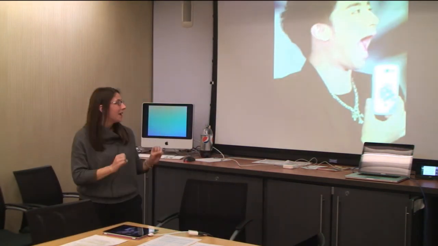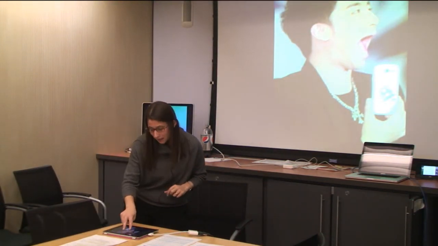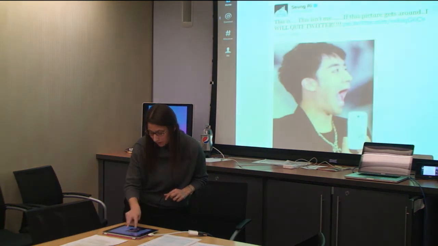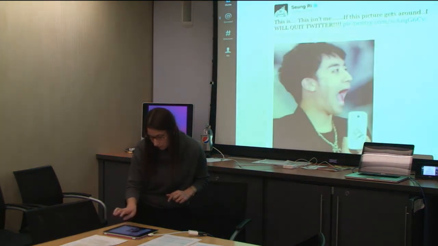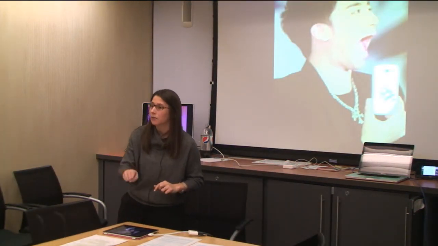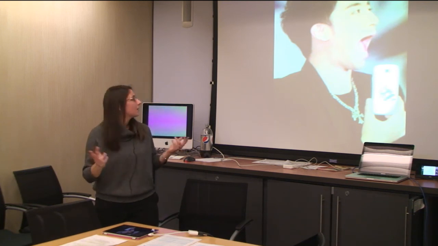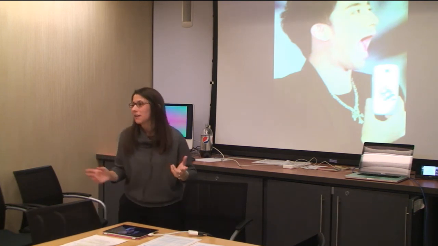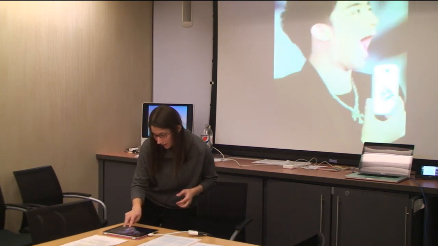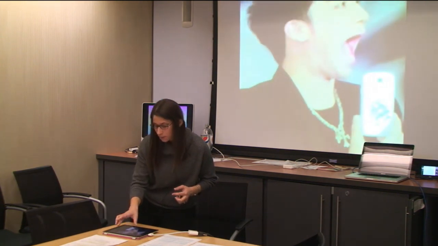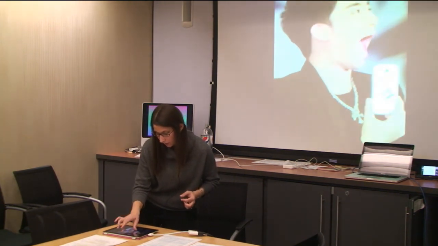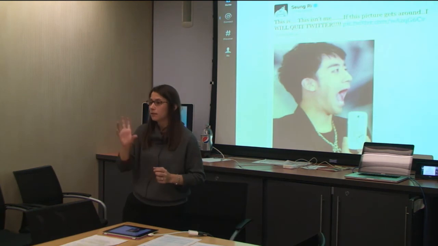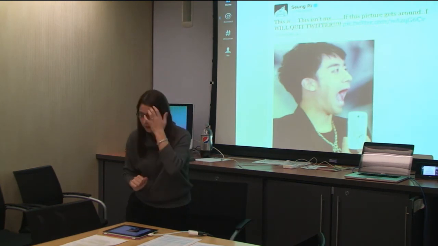If we have that picture up, you can open it in full screen. You can move it around with your two fingers, which I'm not really sure why you would need to do, but you can if you want. And then if you pinch it small enough, it will take you back to the tweet where it came from. So you can close out of it that way.